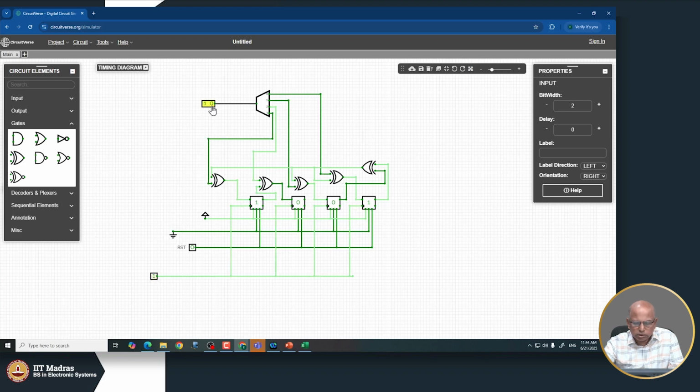So 1100 seems to be the signature of a good circuit.